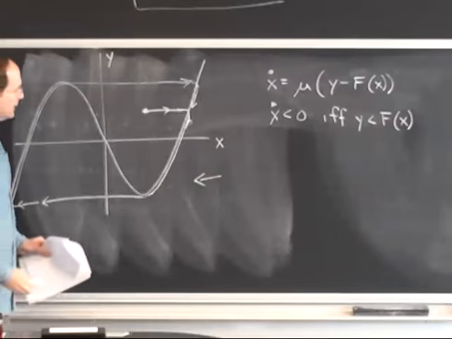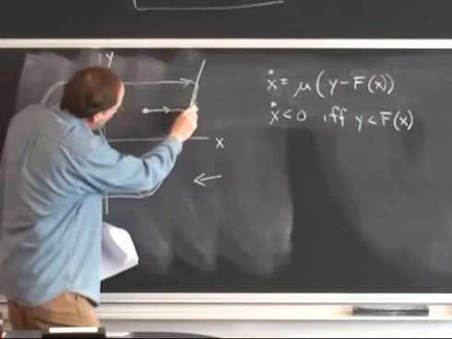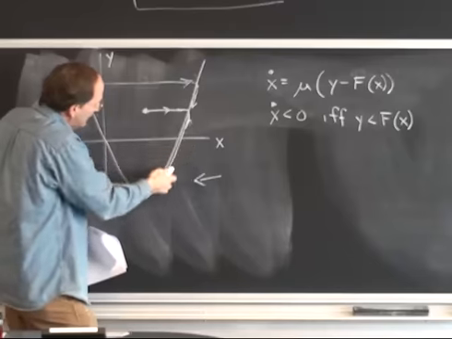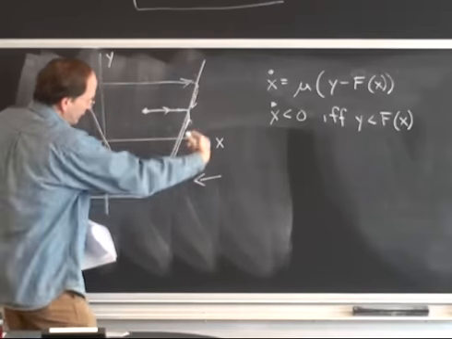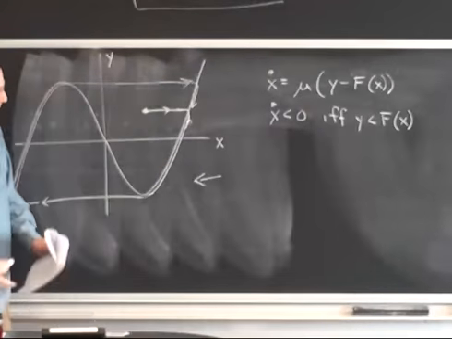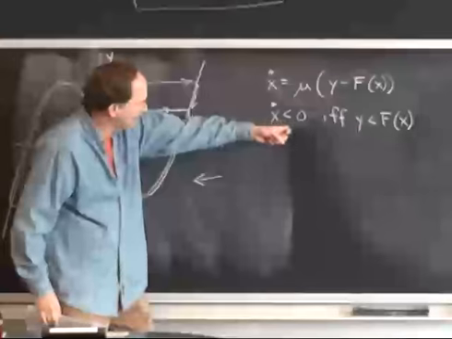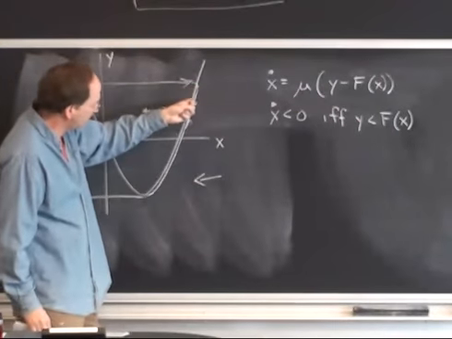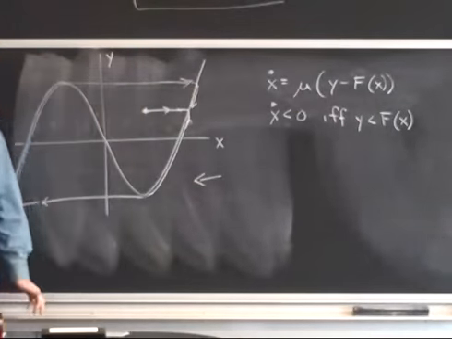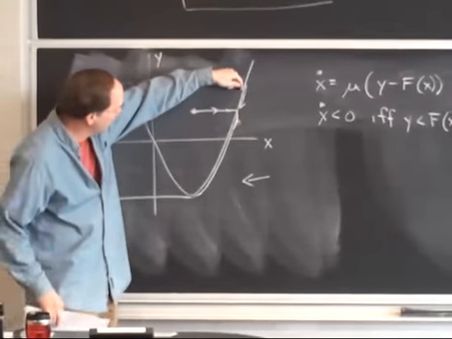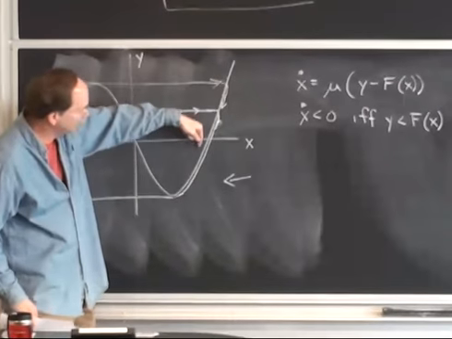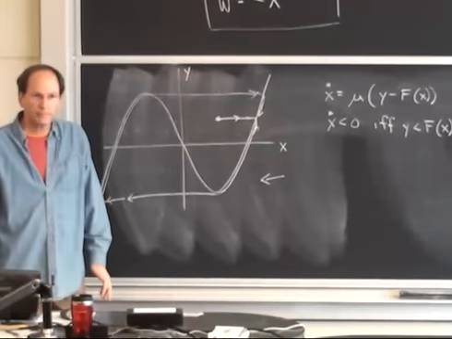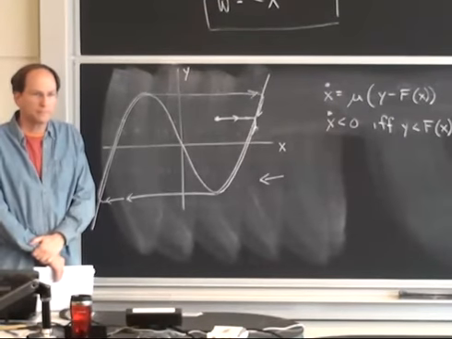So that is to say, notice that the shape of this limb is one where, as you're going down it, x is becoming less. You're moving to the left. And so the only way that x can be decreasing is if y is less than f of x. That is, the phase point has to be below f of x. Otherwise, you couldn't be moving to the left. There's no way to move to the left while staying on this side of the curve. Yeah. Is there another question?